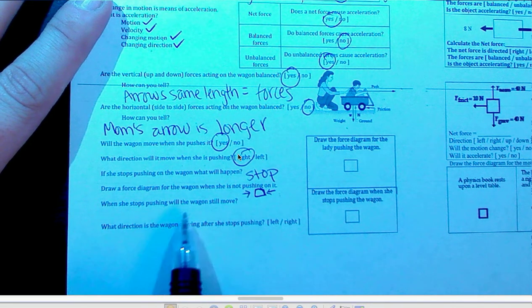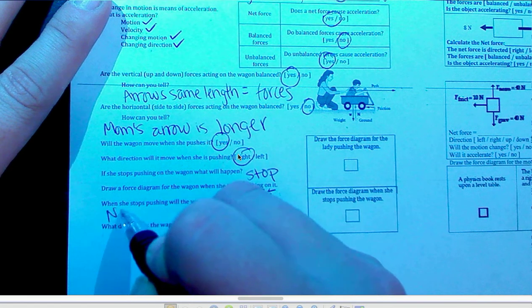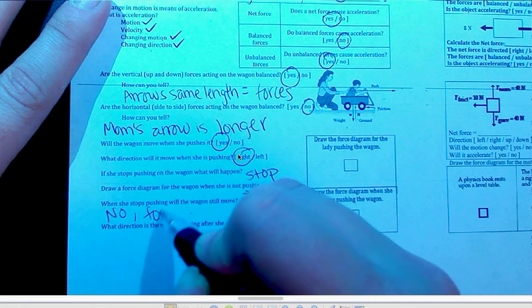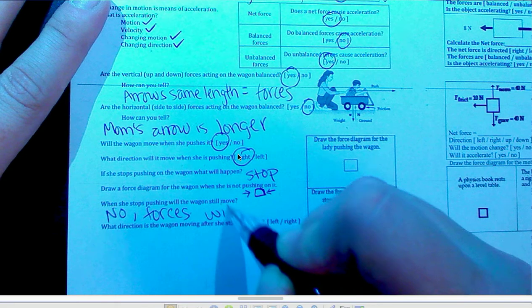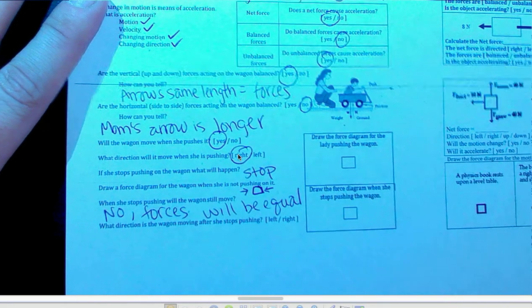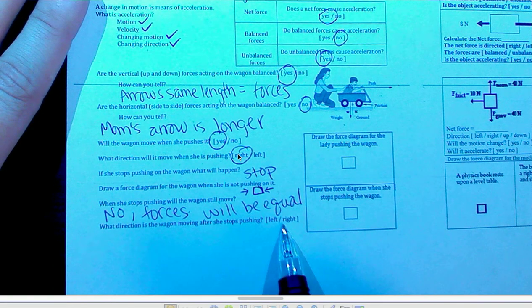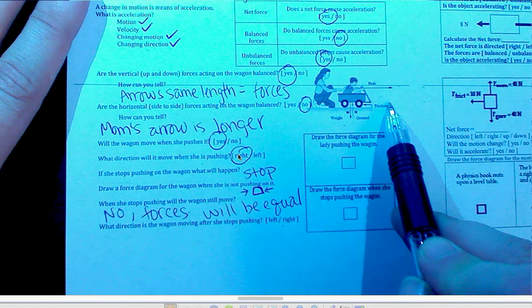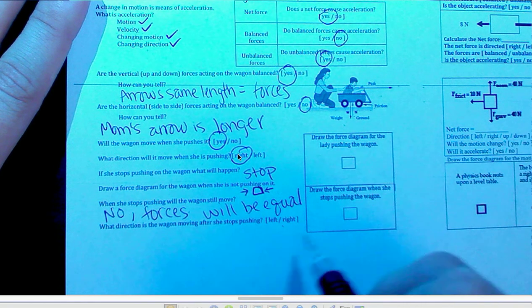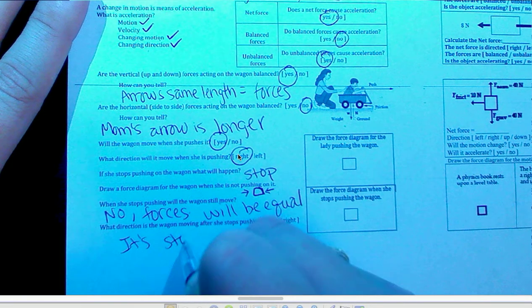They're not going to move. When she stops pushing, will the wagon still move? No, because our forces will be equal. What direction is the wagon moving after she stops pushing it? It won't move either way, because it stopped.